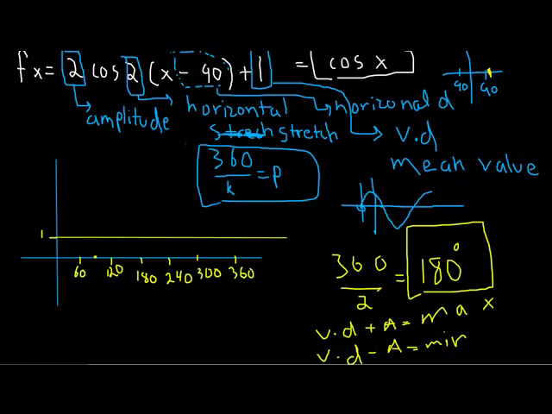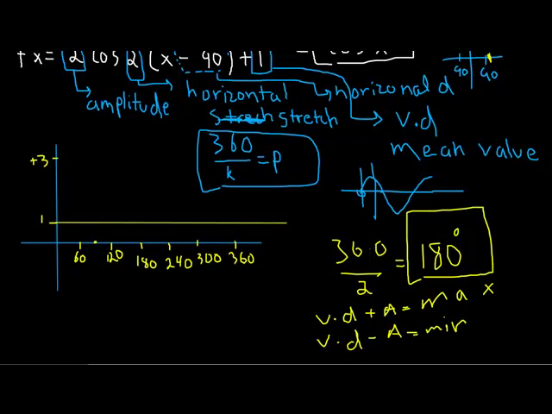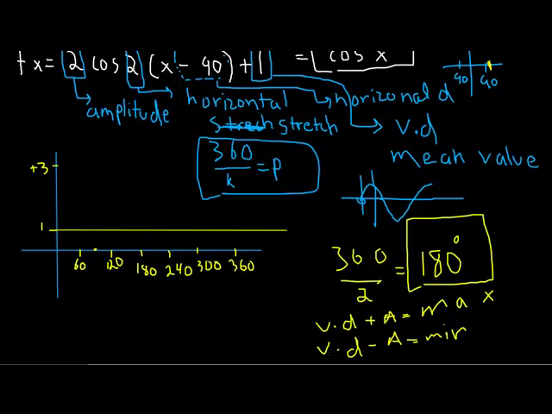So our VD here is 1, plus 2 equals 3. Our maximum value is going to be positive 3. And our minimum value? Same thing again: vertical displacement take away 2. 1 take away 2 gives you -1, and -1 is our lowest value in this case.